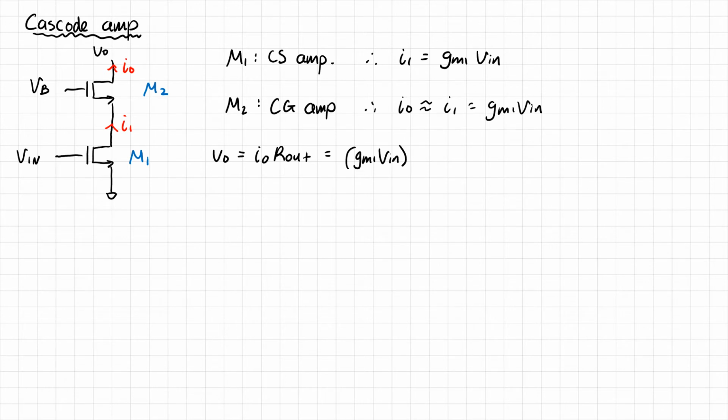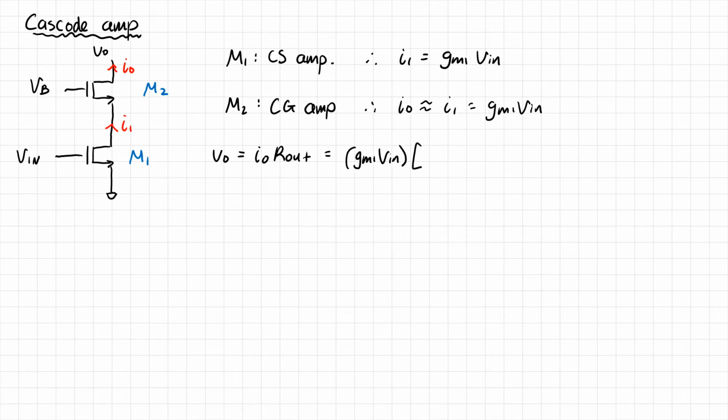And the output resistance is nothing more than the output resistance of a common gate amplifier where the RL resistance, I should say, is just the resistance of M1, which we know is RO, or in this case, RO1.